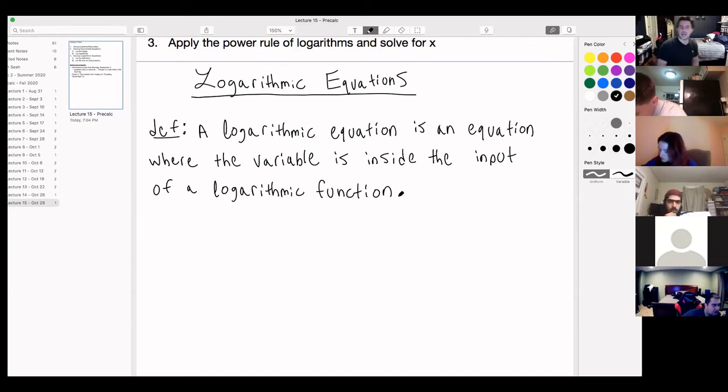Just like with the exponential equations, the variable was in the exponent. Well, with logarithmic equations, the variable will be inside of the logarithm.